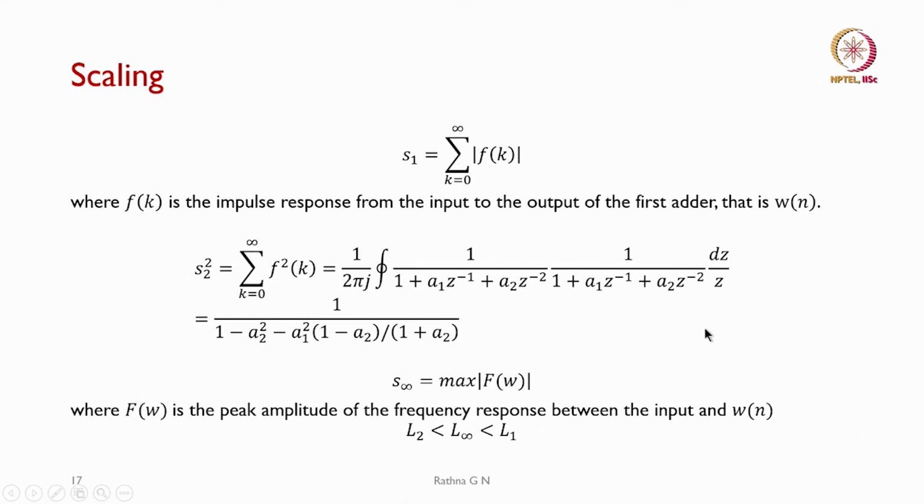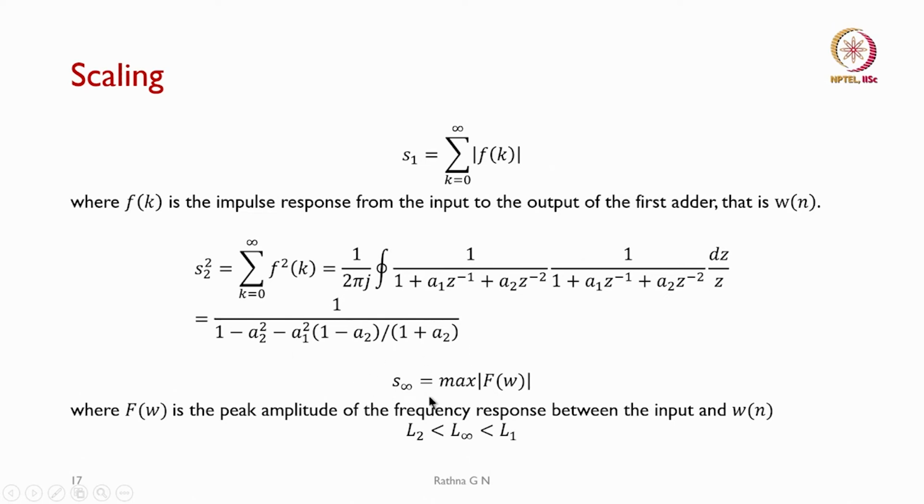And then we went on to say how the scaling is one of the important ones in the case of IIR filter. So, either we can have L1 norm or L2 norm or L infinity norm. So, we said that for hand calculation we can use our pole positions A1, A2 coefficients to calculate our L2 norm.